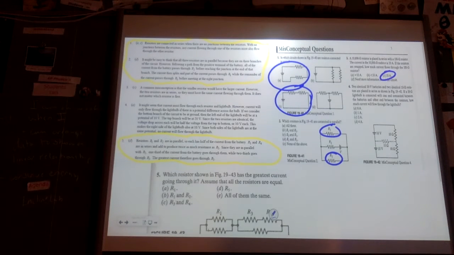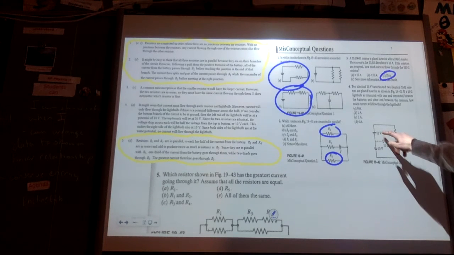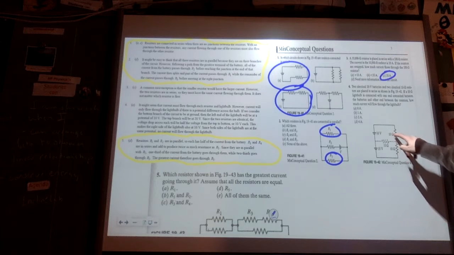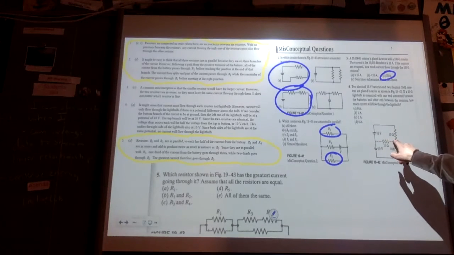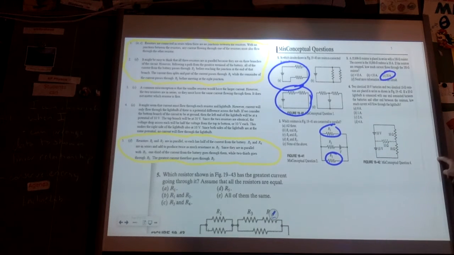It looks like none's going to. There's not going to be any that flows through it. There'd be a 5-volt drop, or half a drop there and a half a drop there, but the difference between the potential there and there is nothing, so you're not going to have anything flow through.